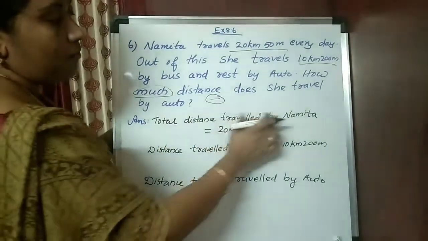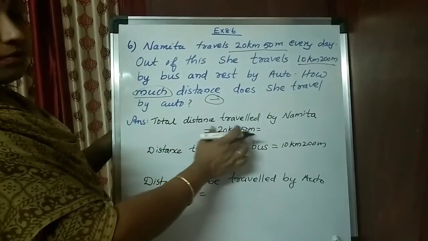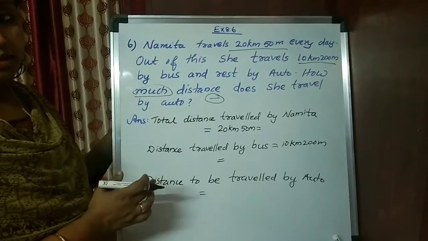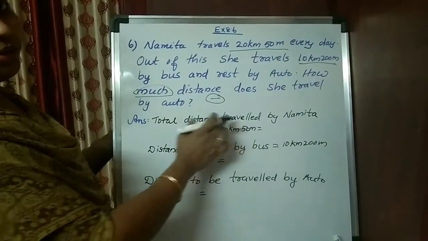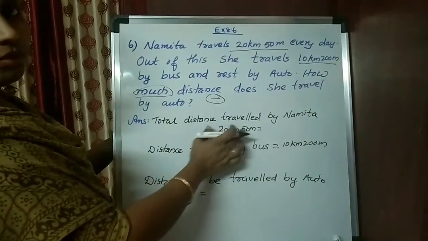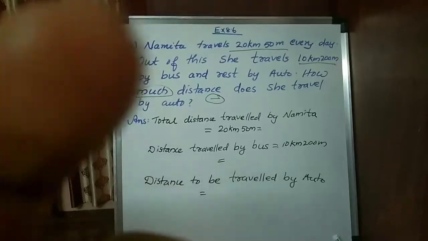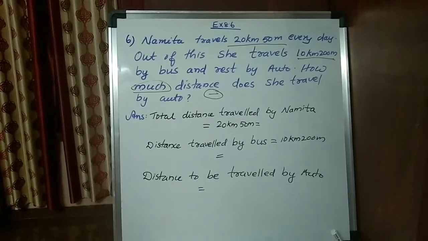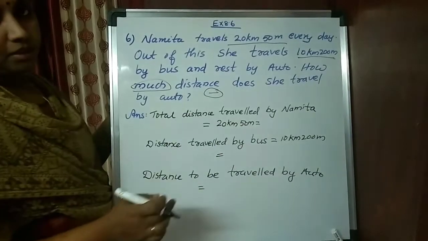Total distance traveled by Namita, that is 20 kilometer, 50 meter. That means here both are in different units, so you convert into kilometer. 20 kilometer, 50 meter.